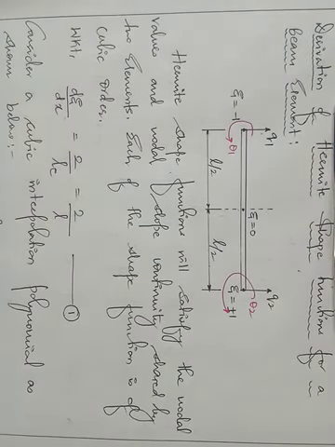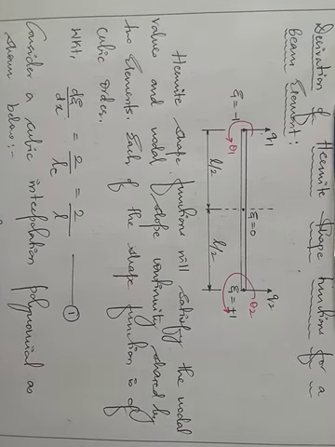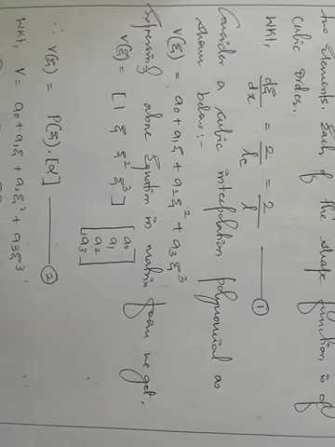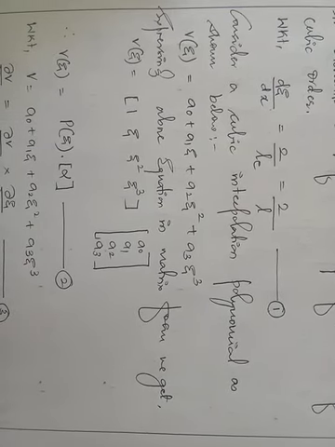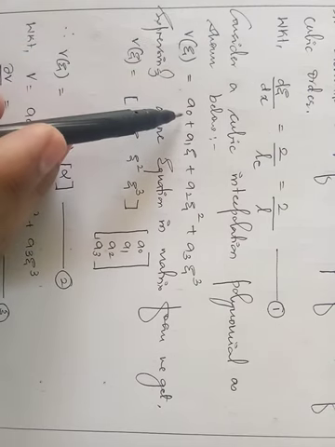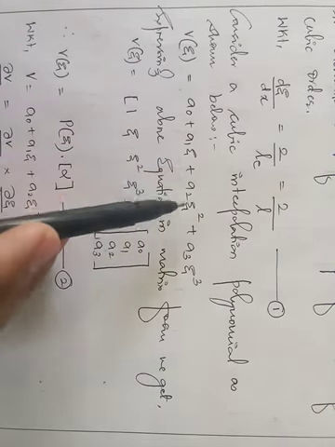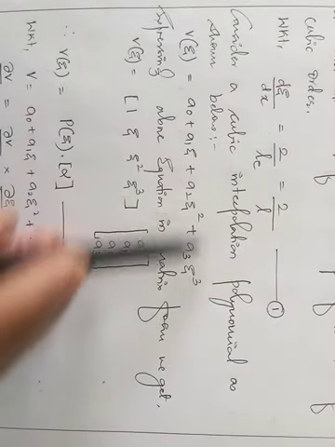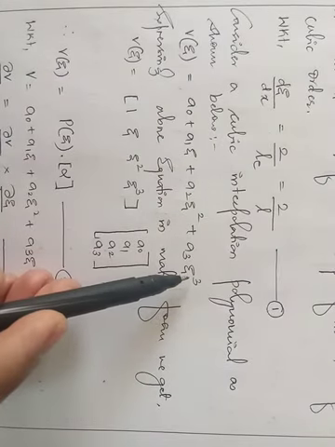Now consider a cubic interpolation polynomial as shown below. So v of zeta is a0 plus a1 zeta plus a2 zeta square plus a3 zeta cube. When I say cubic, you need to take it up to third order.